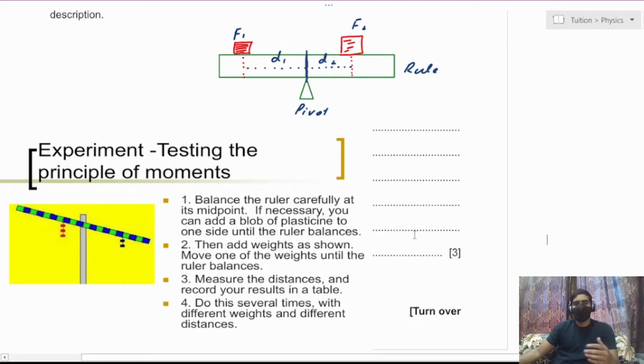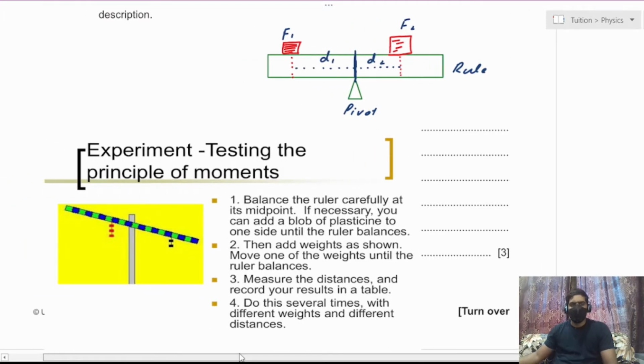From mass you can calculate the force, you can calculate the weight, and then you equate the two moments, counterclockwise and clockwise moments, and if those moments are equal, then that would imply that your meter rule was not drifting to any side, the meter rule was balanced.